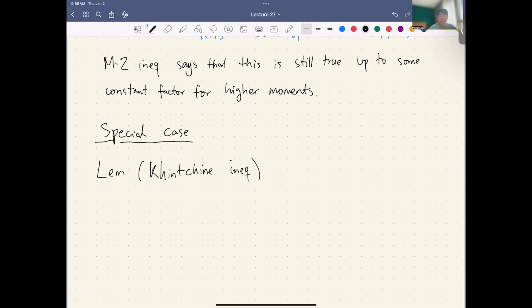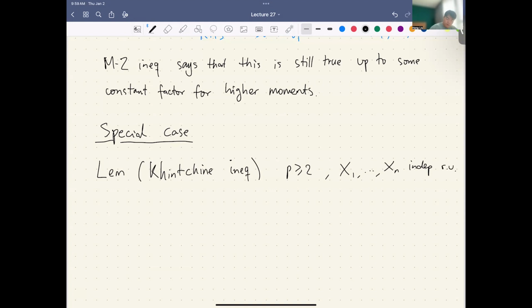Suppose we have p at least 2 and x1 to xn independent random variable.